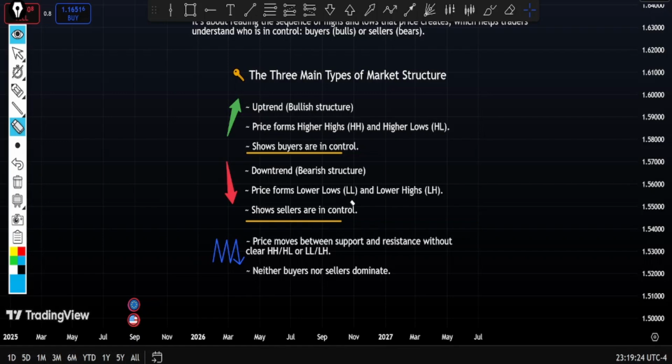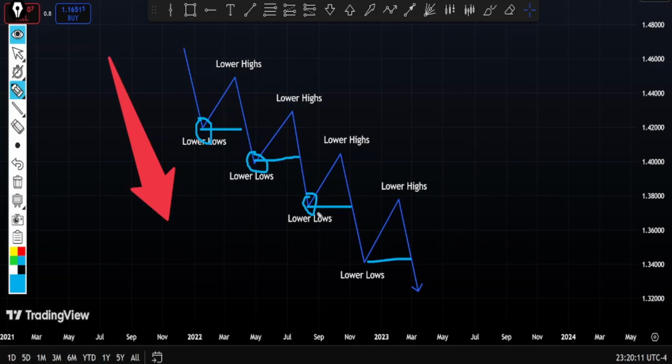So you can see a series of lower lows. What makes it a lower low is that this low is lower than the previous low, and this low is lower than the previous low, and this low is lower than this previous low.